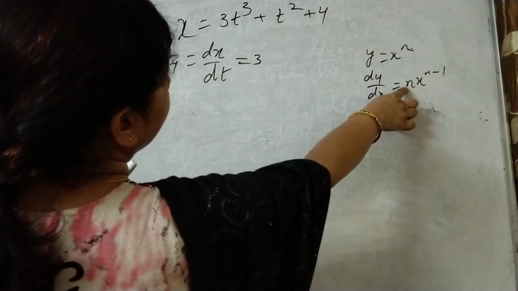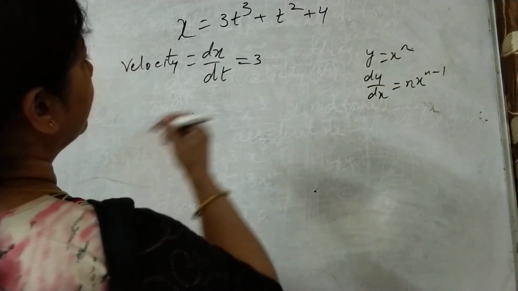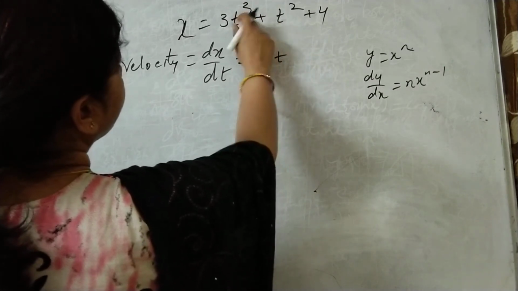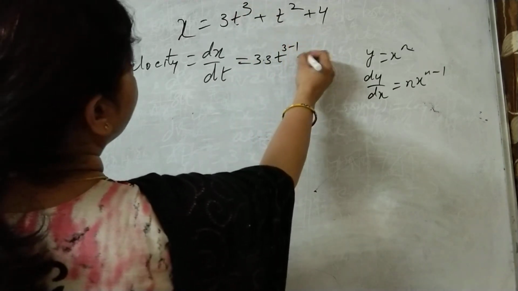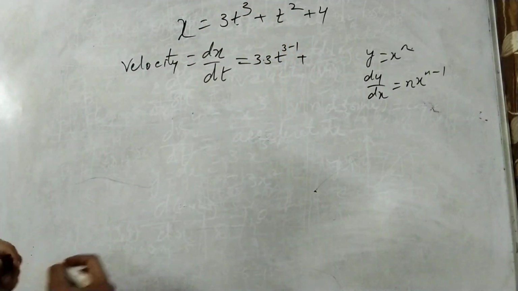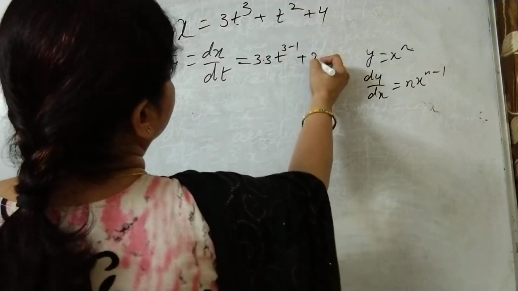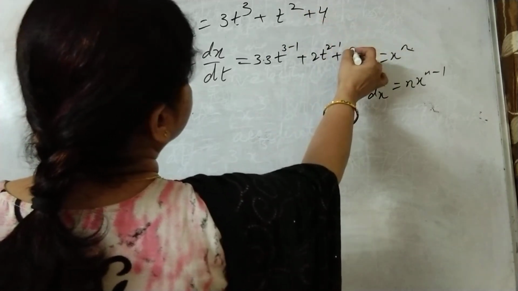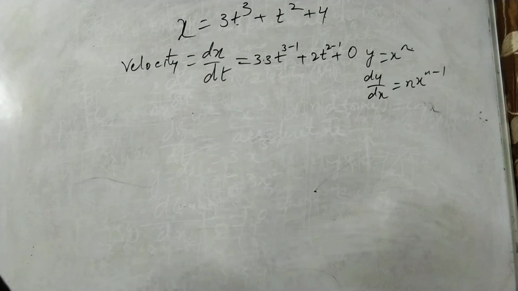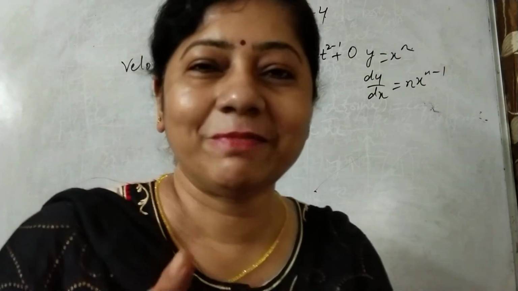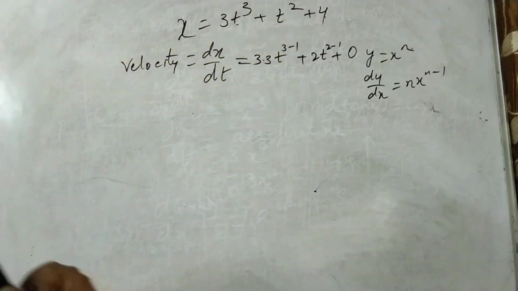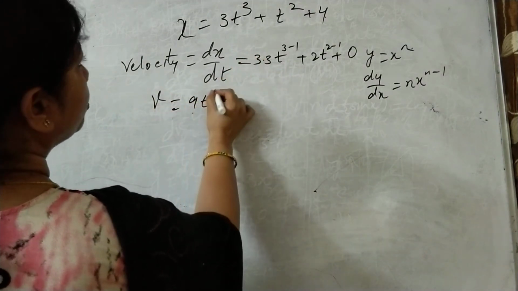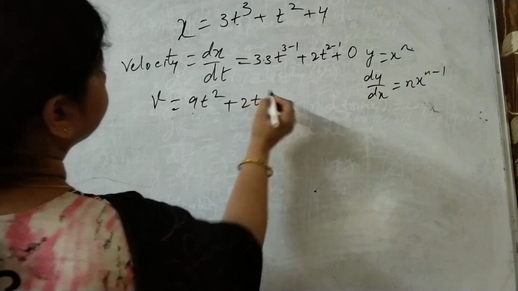So this is n x to the power n minus 1. So 3 will come here, t to the power 3 minus 1, plus, for the second term we are differentiating now, this 2 will come here, t to the power 2 minus 1, and then the differentiation of the constant term is 0. 4 does not have any variable with it, so it simply means it's a constant term. So let's write what we have got. v is equal to 9t square plus 2t.